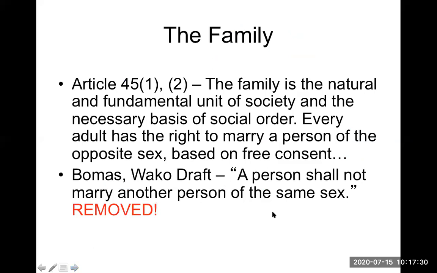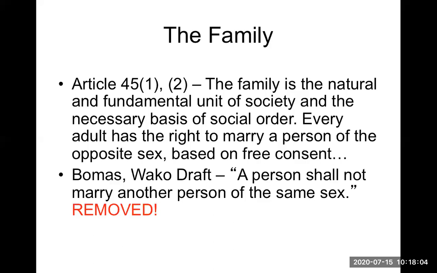The next right that is likely to suffer from this kind of radical pursuit of a certain class of rights would be the family. So we have the family as the natural and fundamental unit of society and the necessary basis of the social order. Every adult has the right to marry a person of the opposite sex based on free consent.